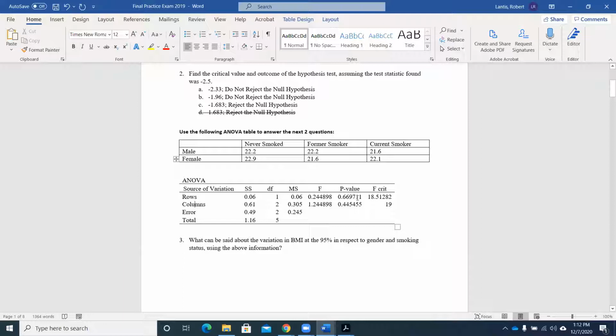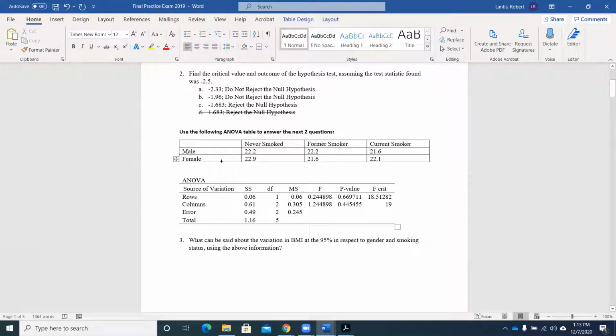Well, a p-value of 0.66, that's not less than any of my alphas, 0.01, 0.05, or 0.1. So I would fail to reject the null, which here we can think of as saying that the mean, holding constant the smoking status of the individual, doesn't vary across the rows.